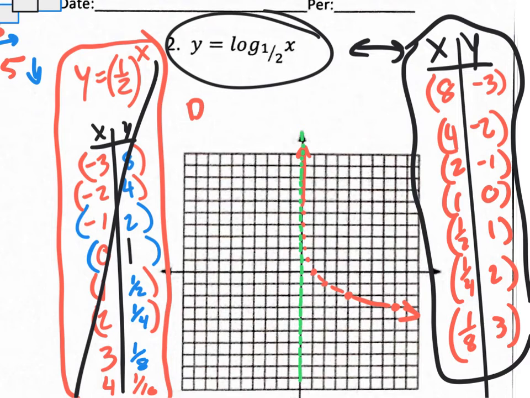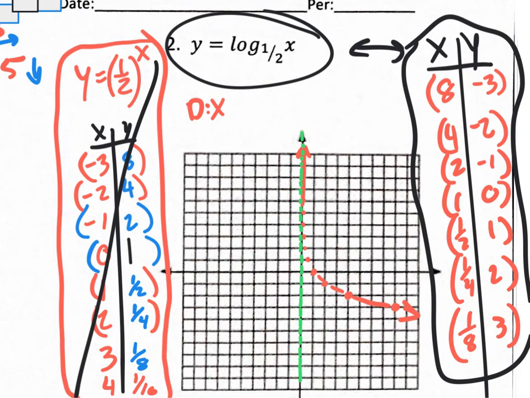So the domain, is it x equals all real numbers? No. The domain is x. Now remember, the domain is the x values to the left and to the right. Does this graph go to the left forever? No, it doesn't. Look, going this way, it infinitely approaches what x value?